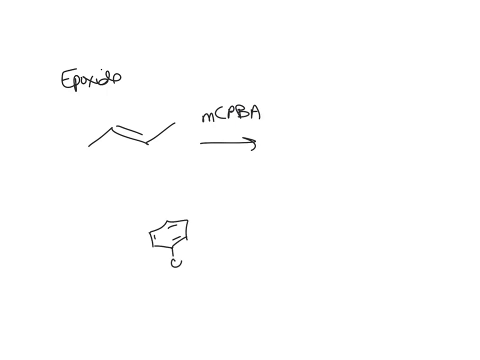To make an epoxide, we saw that you could take an alkene and react it with MCPBA, which is metachloroperbenzoic acid. And this will deliver this oxygen here to, you have a trans alkene.